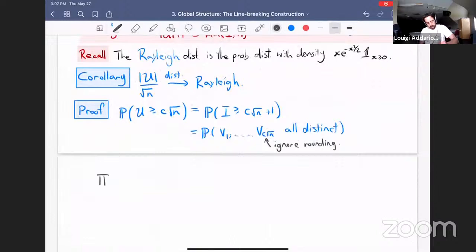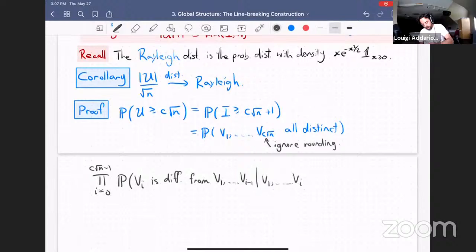Okay, so now I think I confused one or two people by being a bit fast in the next step, which is just to say that we can express this probability by Bayes as a product of conditional probabilities, where the ith term is the probability that the ith entry v_i is different from the previous entries v_1 up to v_{i-1}, given that we already know v_1 up to v_{i-1} are all distinct.